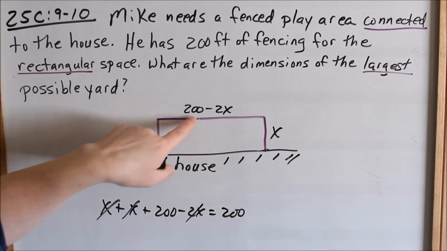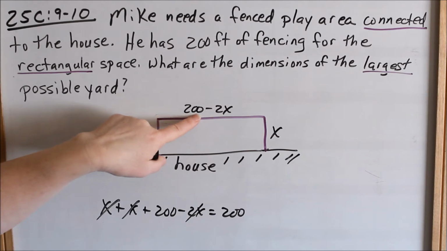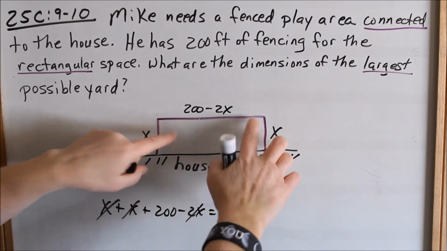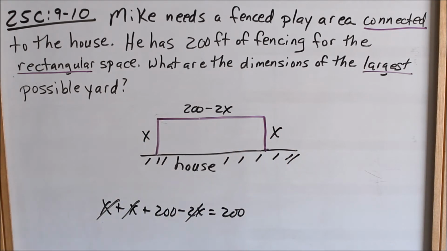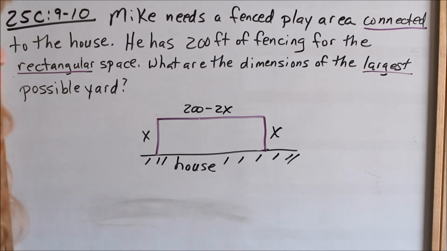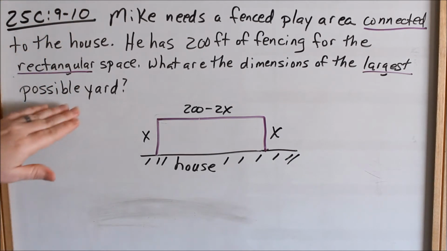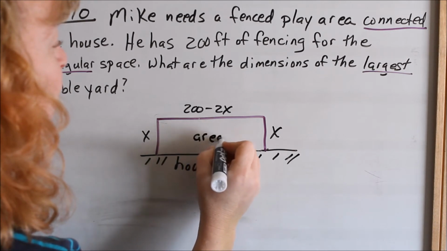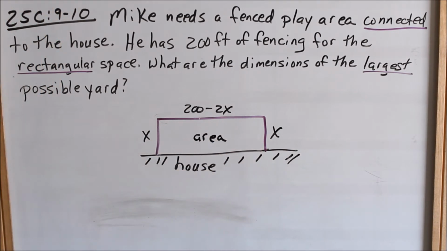So that's where this comes from. I took the 200 minus adding these two sides together. That would be the length of this side. Now, how do we find the largest possible? We want to be able to make the largest possible area. It didn't say area in there, but in order to find the dimensions, we need the largest possible area.